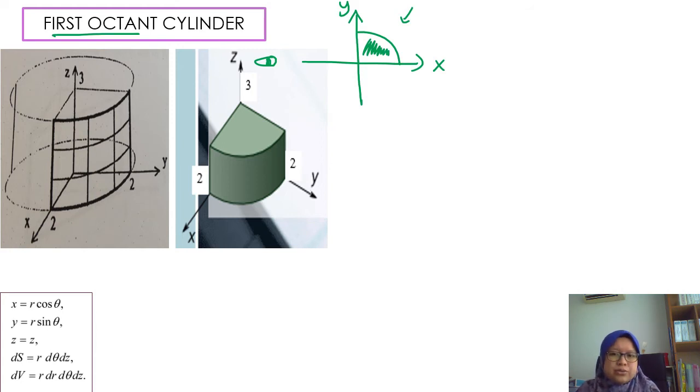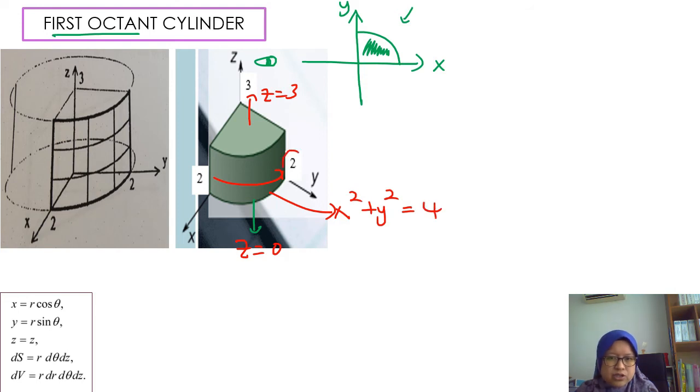Okay. So how many surfaces, how many planes do you have? The bottom, let's say, is z equal to 0. The top of the cylinder is z equal to 3. This one, can you guess now? It's x squared plus y squared equal to 4 because the radius is 2.